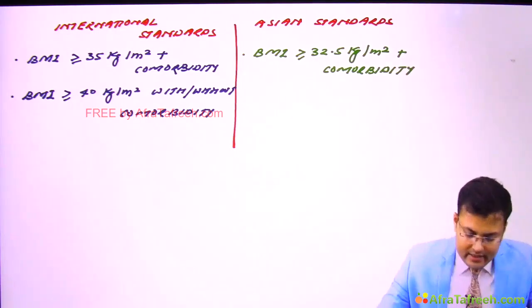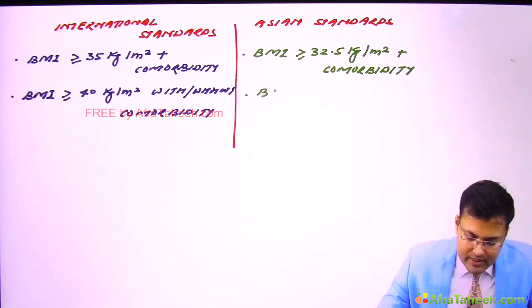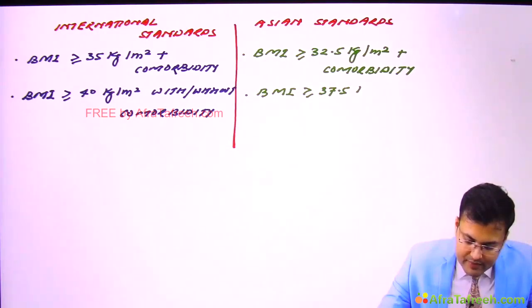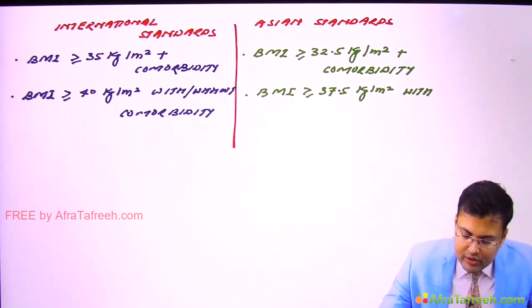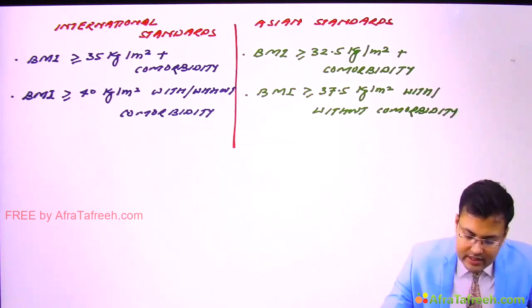Clear? And body mass index more than or equal to 37.5 kg per meter square with or without comorbidity. Okay, so these are the indications.